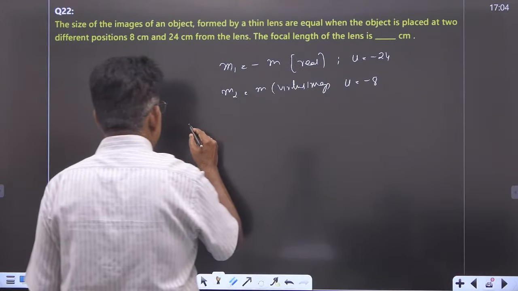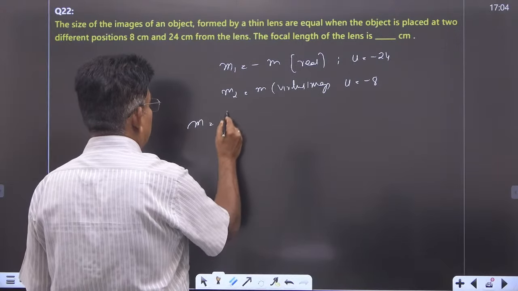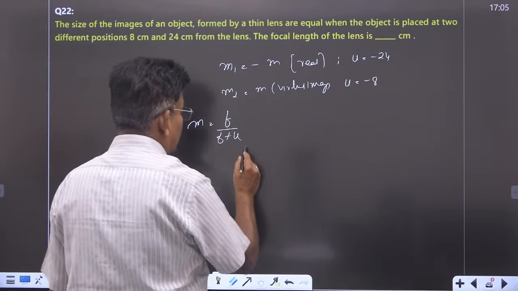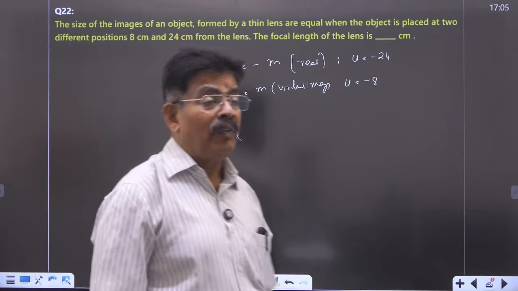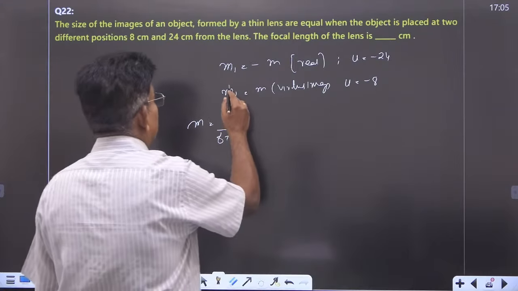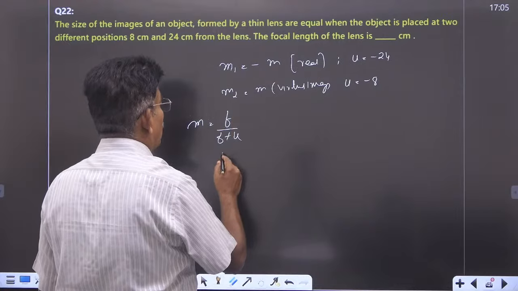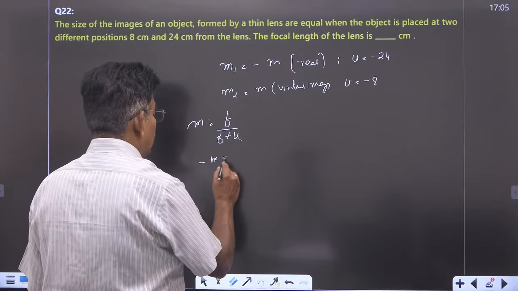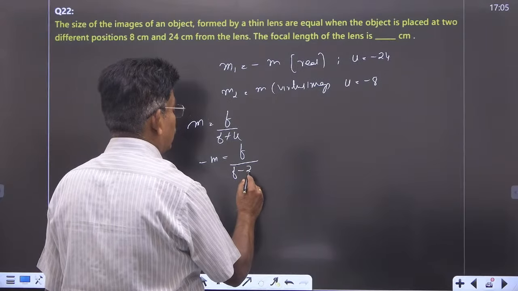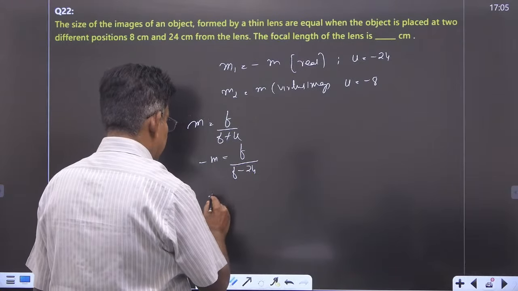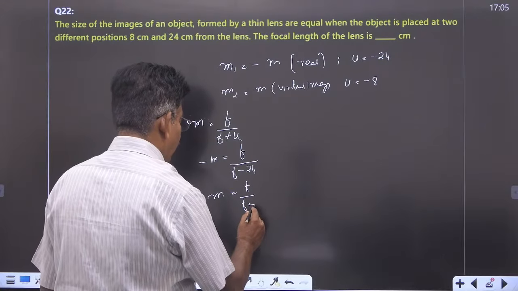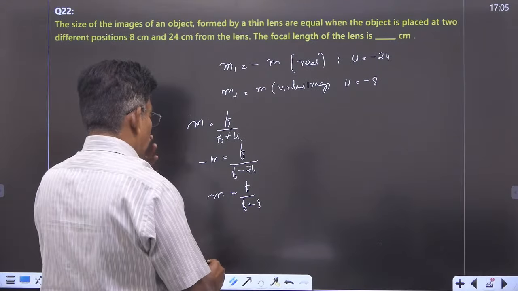And for a lens, we have a ready-made formula for magnification, F divided by F plus U. For a mirror it is F divided by F minus U. For the lens it is F divided by F plus U. First case, what is M1? Minus M is equal to F divided by F minus 24. Isn't it? Second case, plus M is equal to F divided by F minus 8. So what to do?